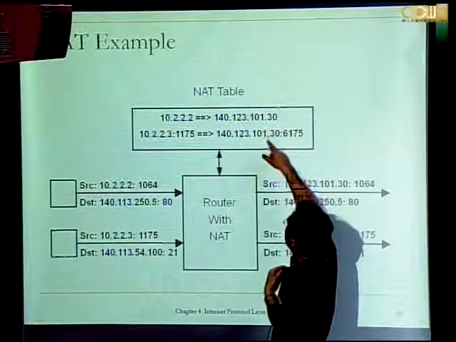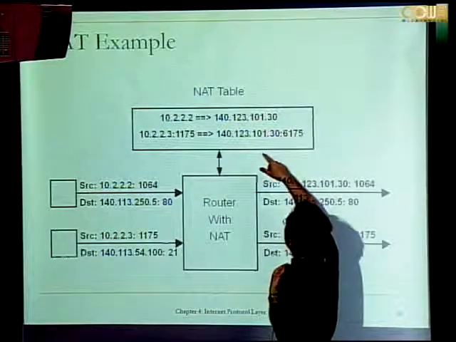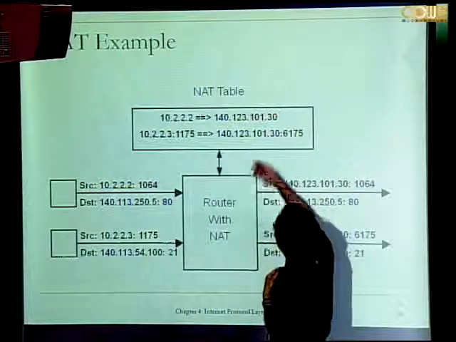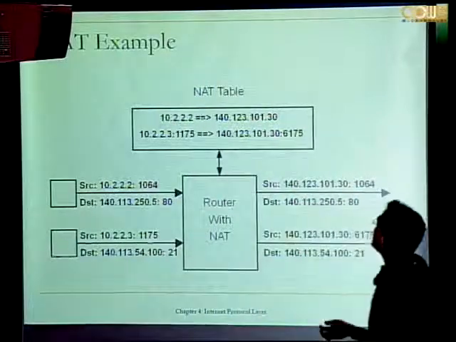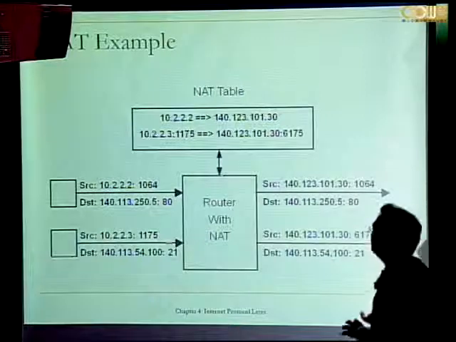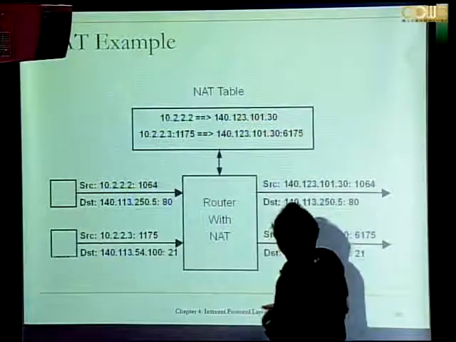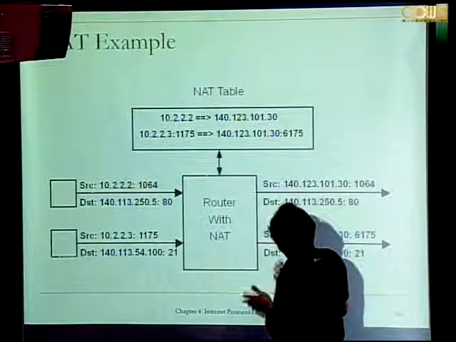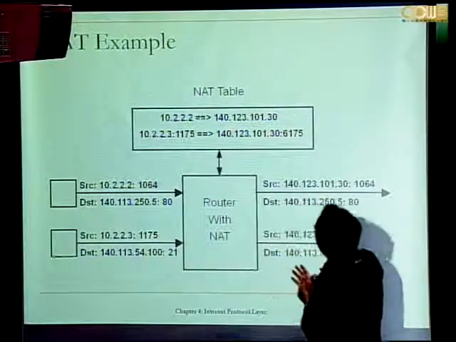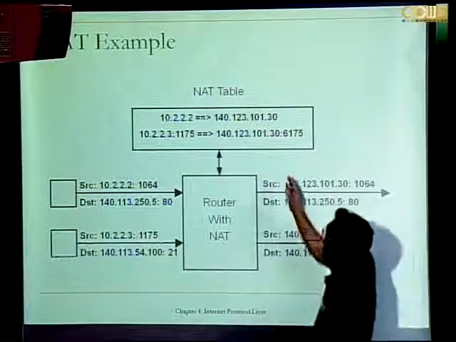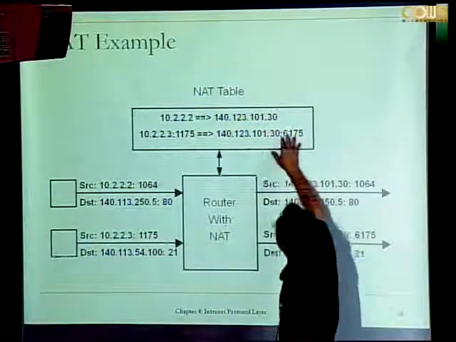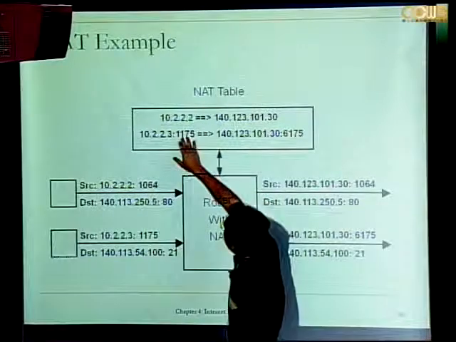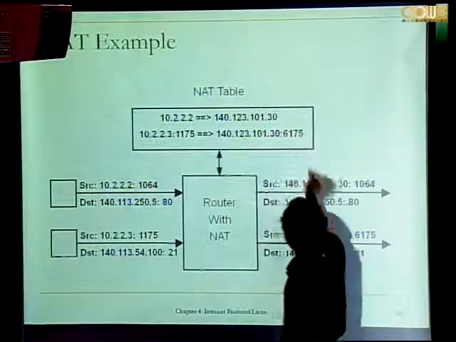So I do translation, but because I have only one IP address, if I translated them into the same IP address, I would not be able to differentiate them later on. So what I would do is also port number translation. So I translate this port number into this.